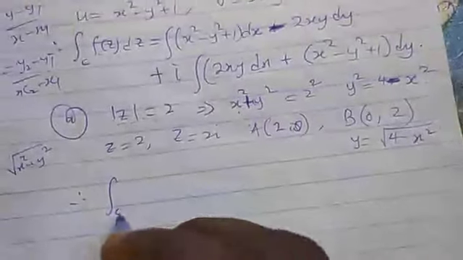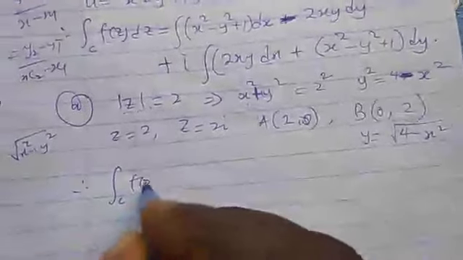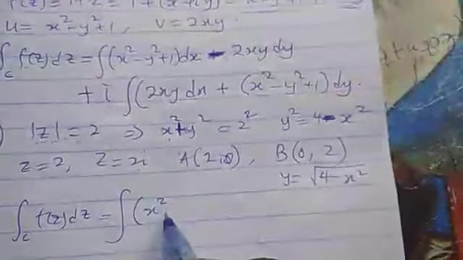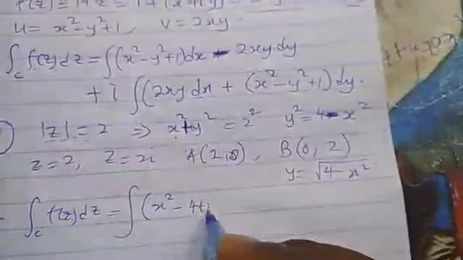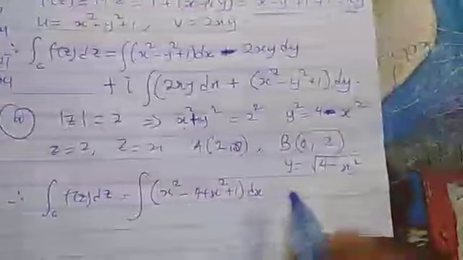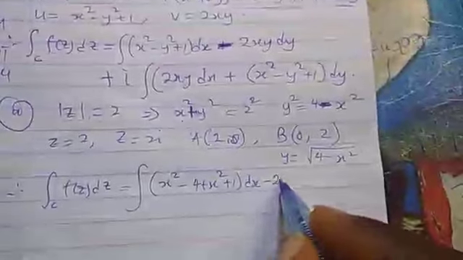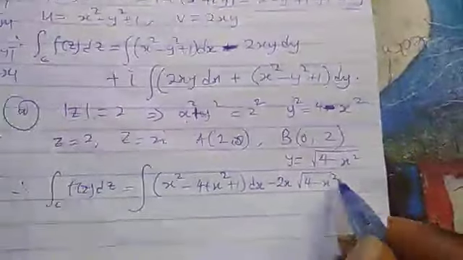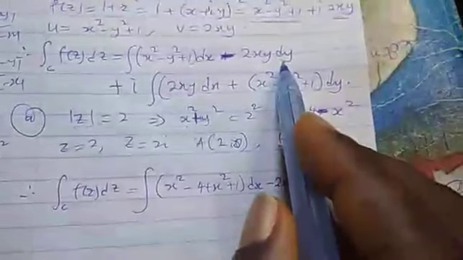Therefore, the integral of f of z dz will now be equal to x squared minus y squared. x squared minus, these are y squared, that is minus 4 plus x squared, plus 1, dx, minus 2x, this is our y, square root of 4 minus x squared. That's our y. Then dy.